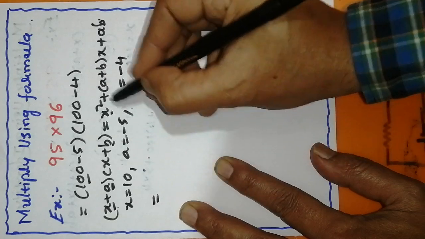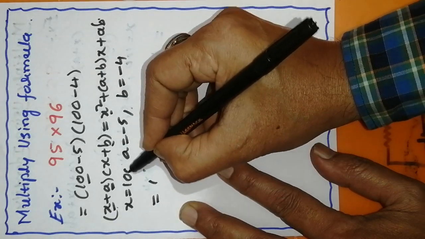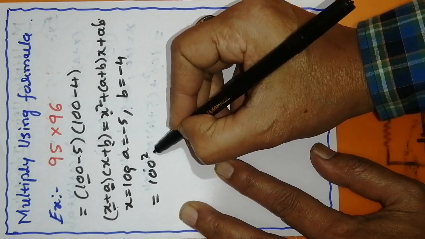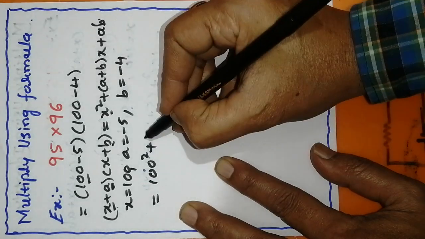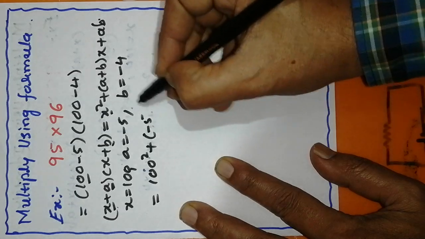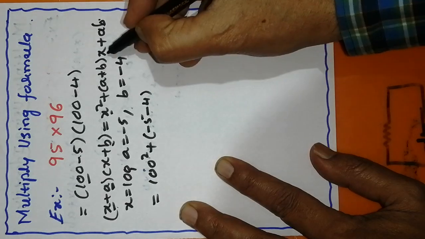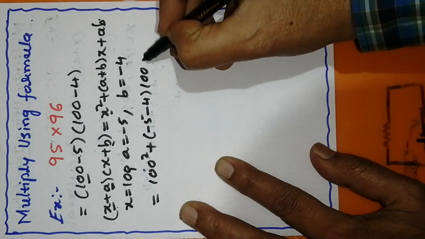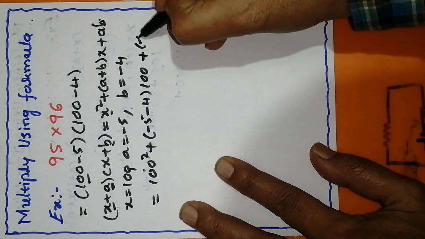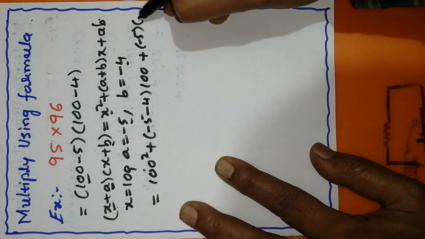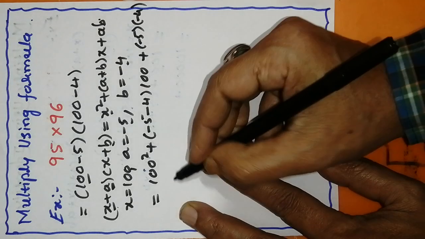Therefore this is equal to x square, x is 100 square, plus (a plus b), a is minus 5 plus b is minus 4, into x, x is 100, plus a value minus 5 into b minus 4.